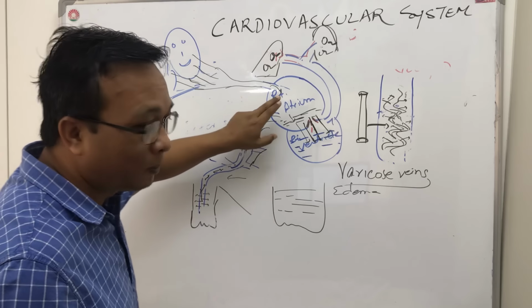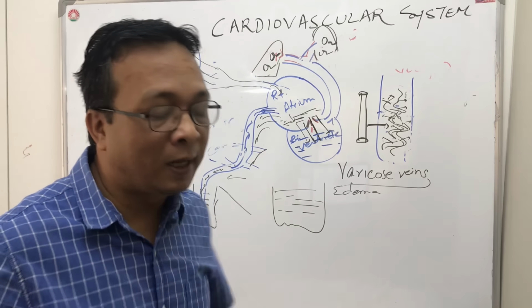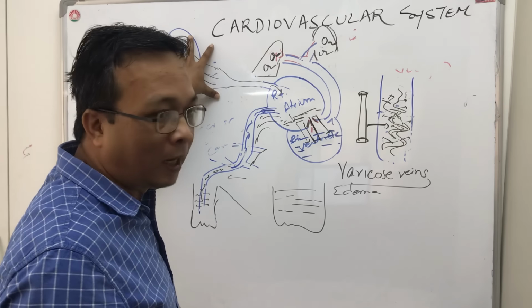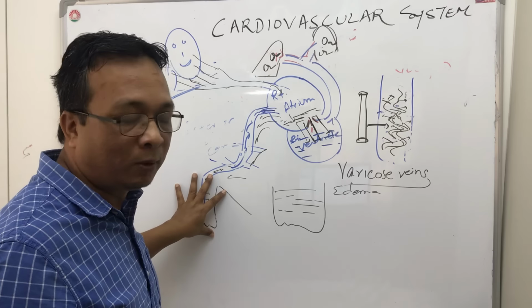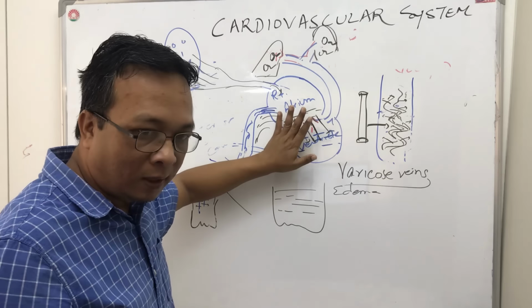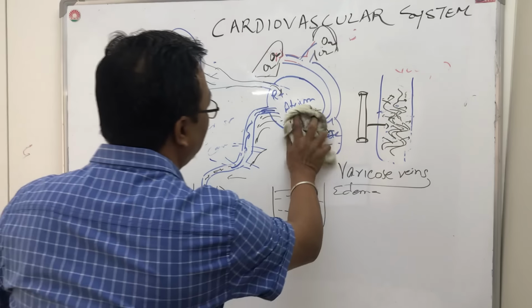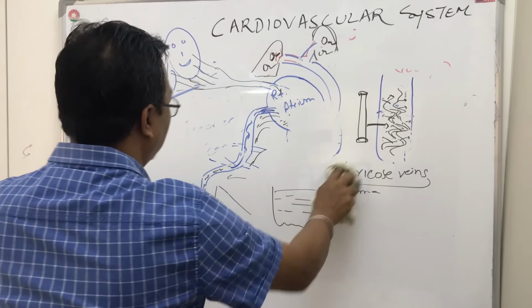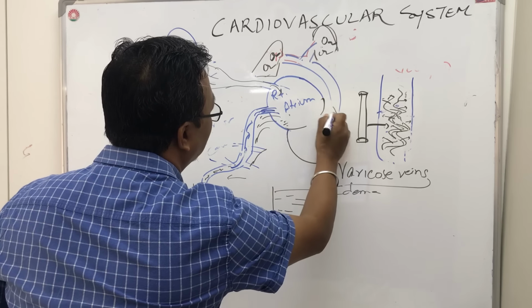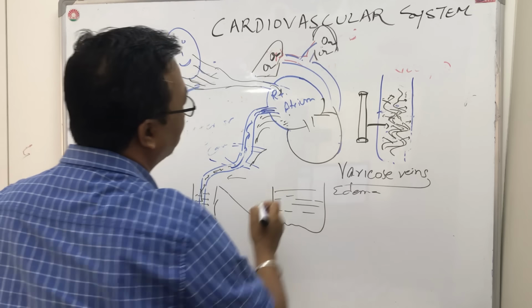In the cardiovascular system, the blue is the right side of the heart. The right side of the heart receives blood from two sources, the upper half of the body and the lower half of the body. All this blood from the right atrium flows into the right ventricle. Here is the first valve, the tricuspid valve.